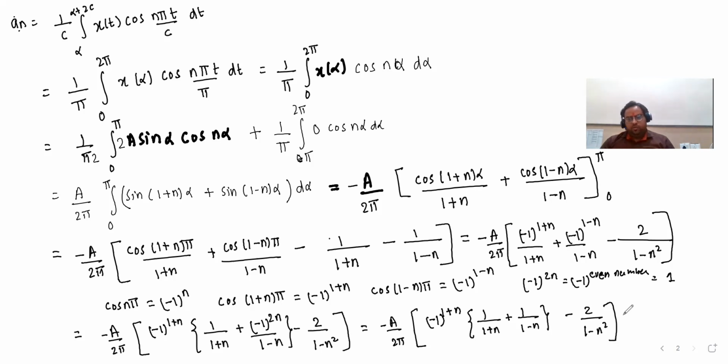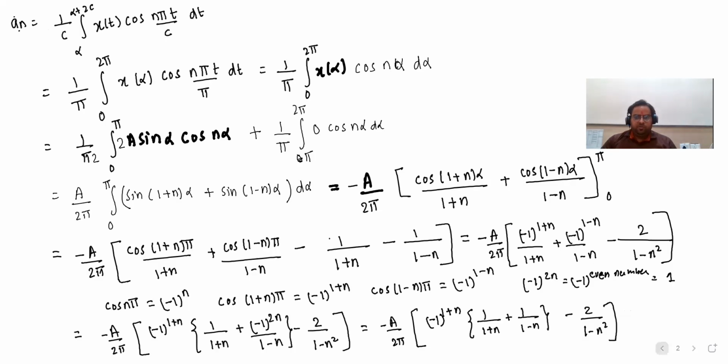Now we can see here, on the previous page, we have basically minus 1 to the power 1 plus n. So we get here, let us write it a by 2 pi, and I take the minus sign inside.